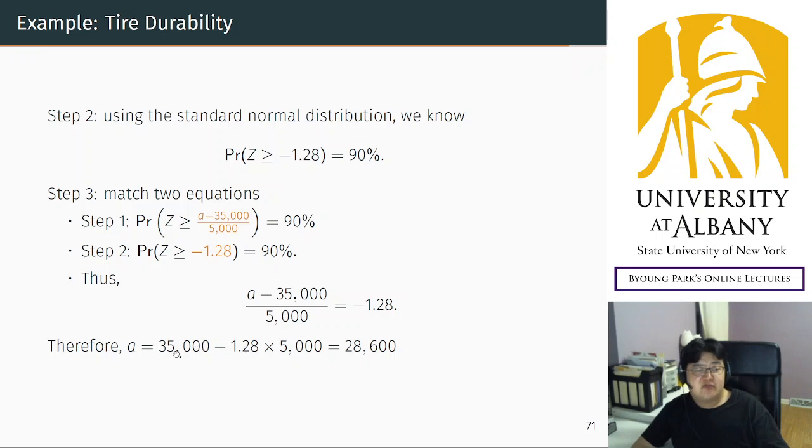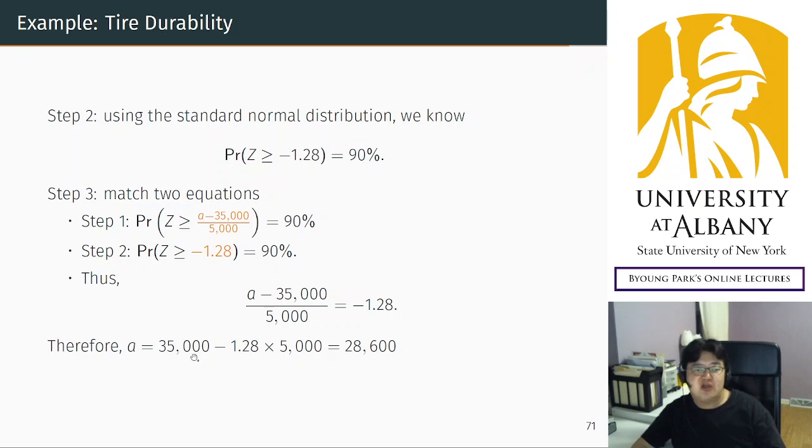That means, so from the mean is 35,000, and you have to subtract 1.28 standard deviation, which is 5,000. So from the mean 35,000, you have to lower the bar by 1.28 standard deviation, which is this much.